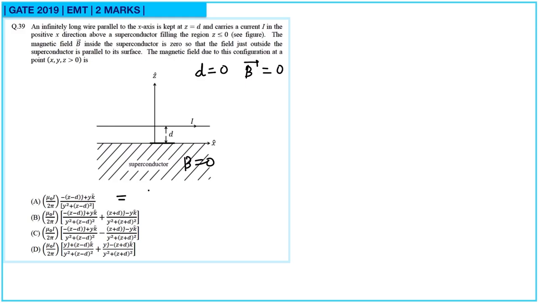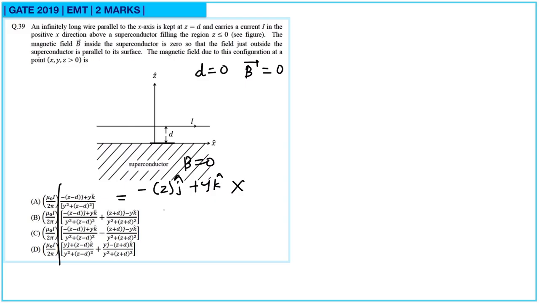For the first option, the mu naught upon 2 pi part is common to all options, so we won't check that. It is non-zero anyway. So for the first case, this is minus z, so in place of d we will put 0. So this will be minus z into j cap plus y into k cap, upon a denominator that is non-zero, so this won't be 0.